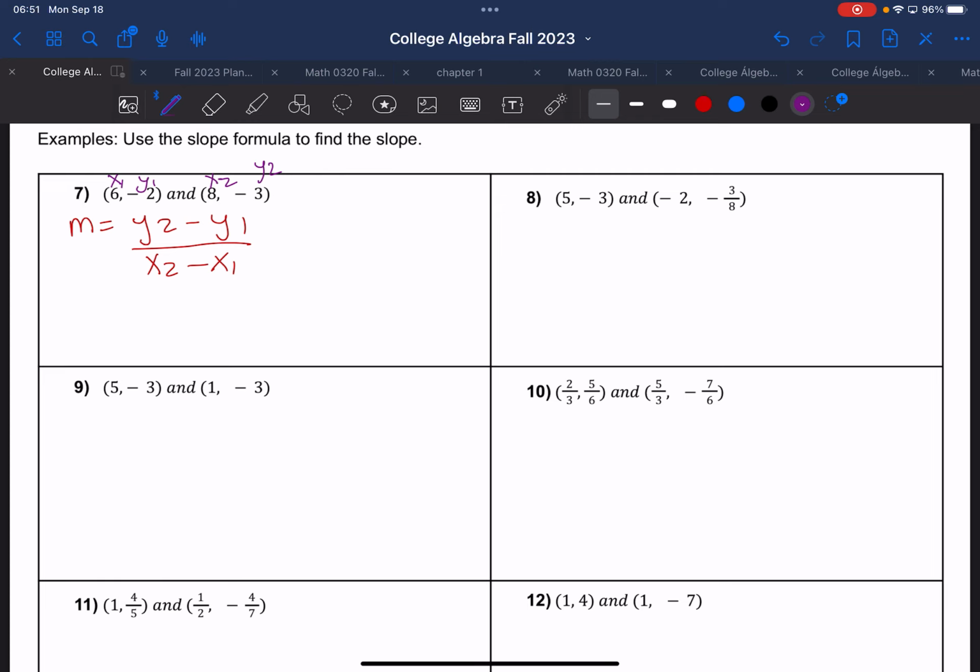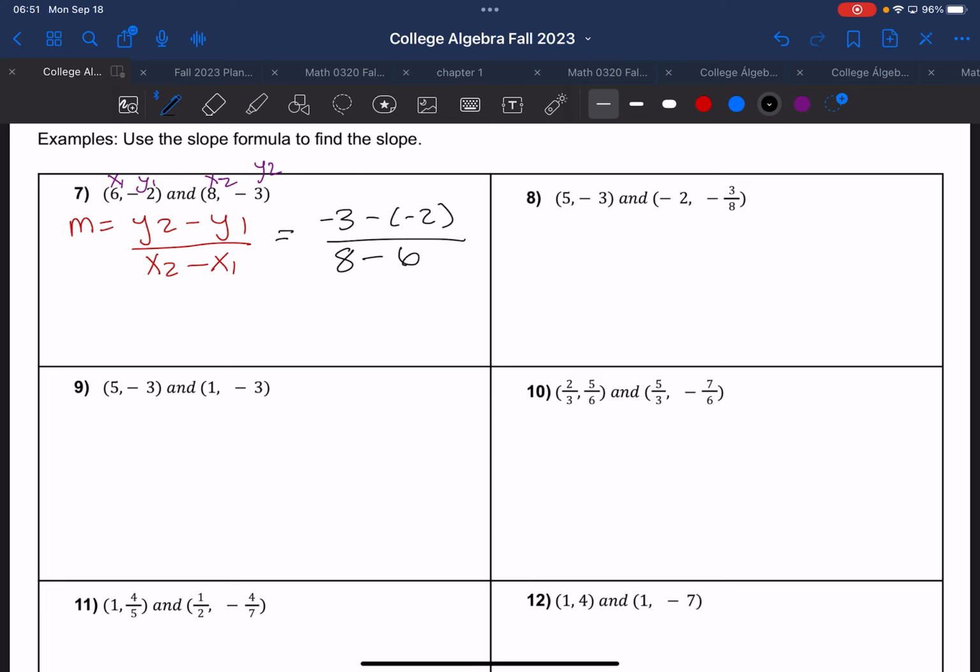Now that I have my formula and my points labeled, I'm just going to plug in those numbers into my formula. So I know that y2 is negative 3 minus y1, which is negative 2. Notice how I'm putting that negative 2 in parentheses. That's because I don't want to get it confused with the negative in front of it. So right there I have minus a negative, over x2, which is 8, minus x1, which is 6.